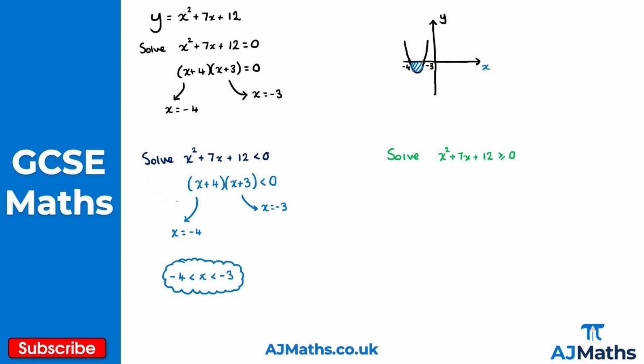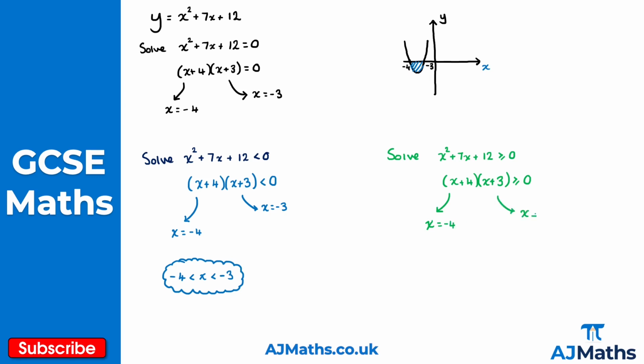We start by factorizing, and we get x plus 4 times x plus 3, greater than or equal to 0. Again, we identify the critical values, and they will be the exact same. Pretty standard at this point. So I get x equals minus 4.